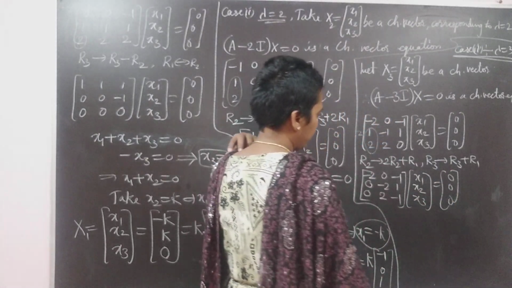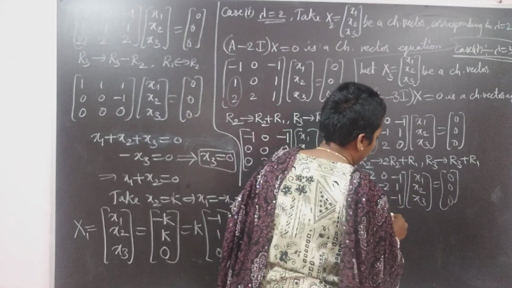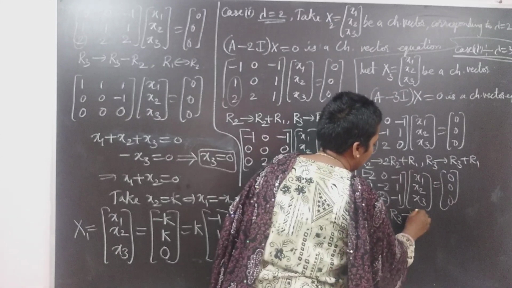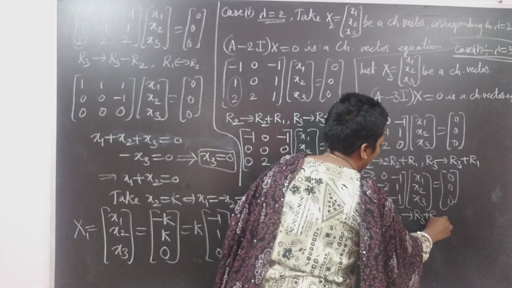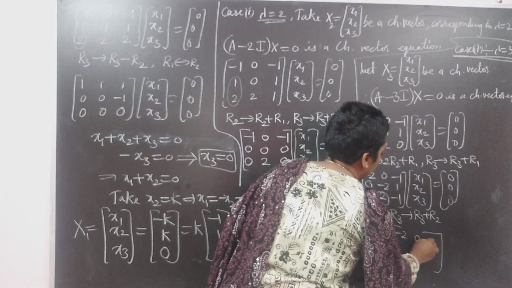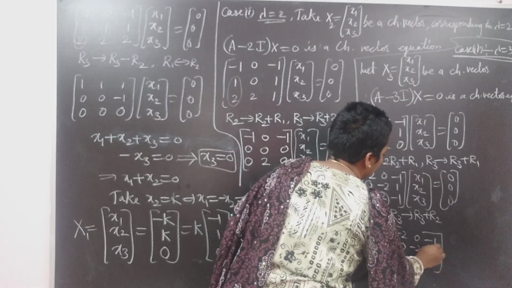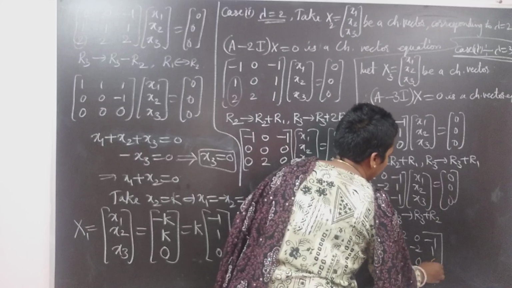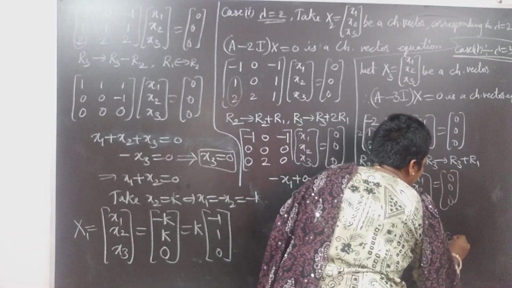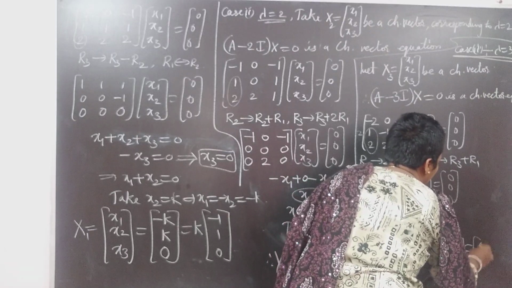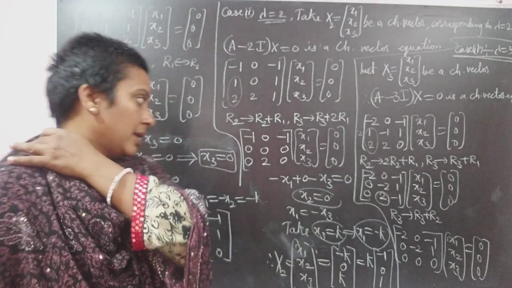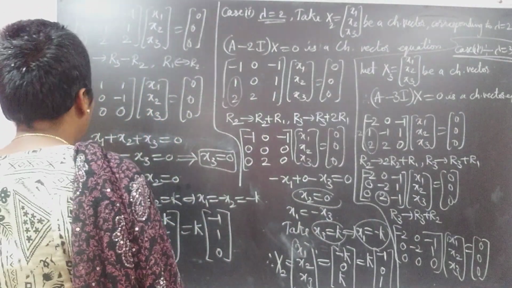Next, this element is reduced to 0 by R3 plus R2. Then the matrix becomes minus 2, 0, minus 1, 0, minus 2, 1, 0, 0, 0, into x1, x2, x3 equal to 0, 0, 0. Next, we can write the linear equations.